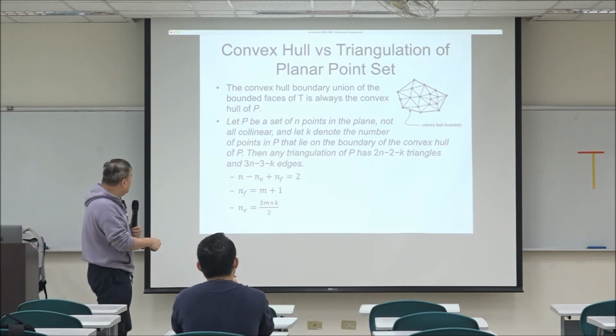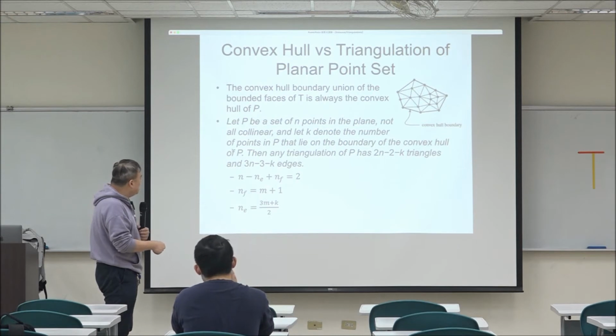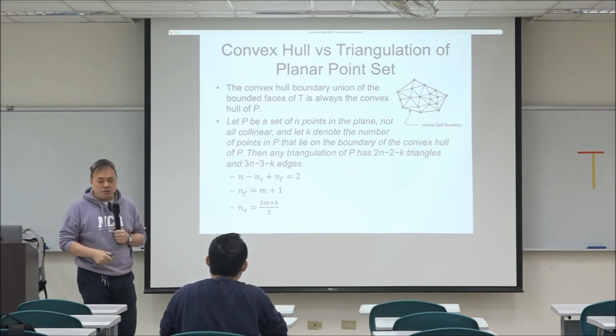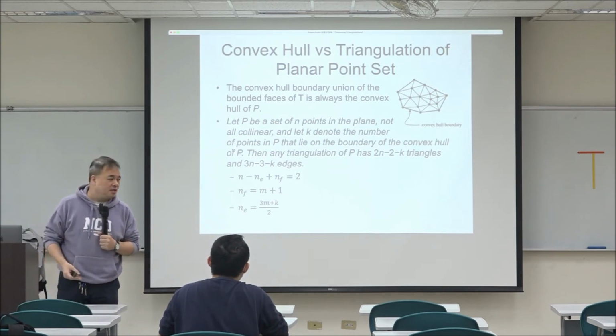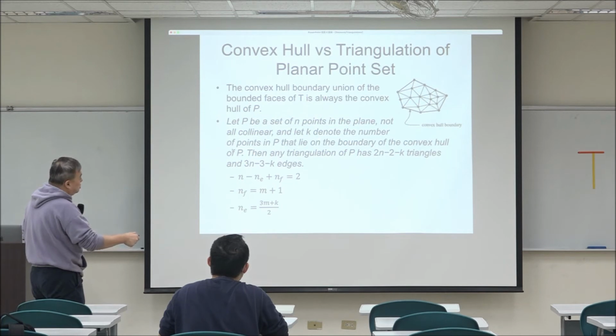We know that the number of vertices minus the number of edges plus the number of faces will be 2. This is known from the Euler formula. And the number of vertices in this case is obviously n, since each node will be a vertex, for this graph anyway.